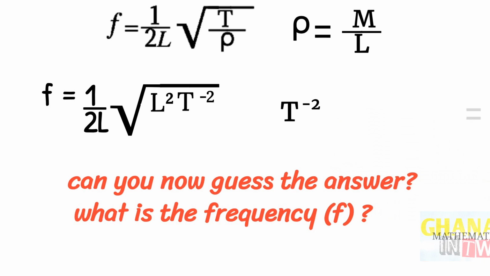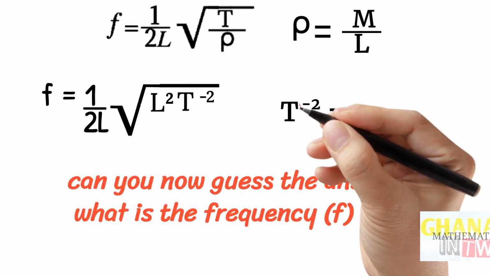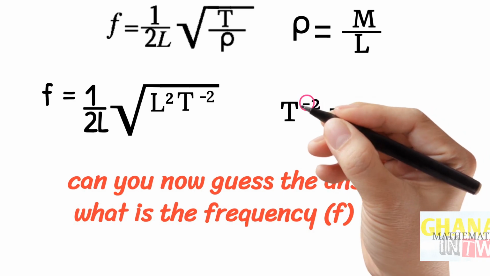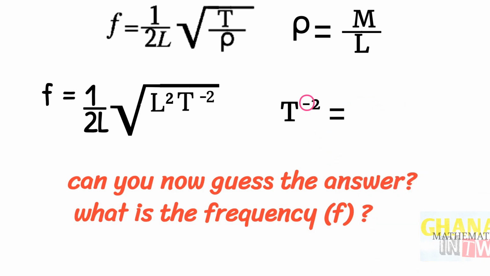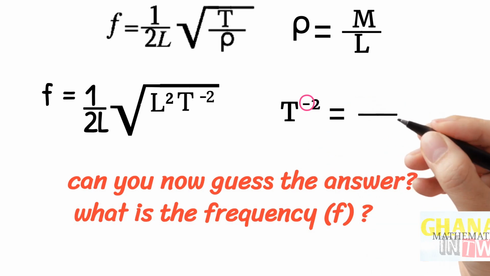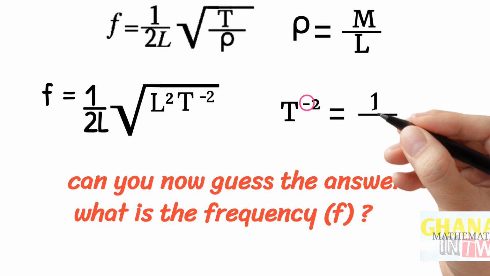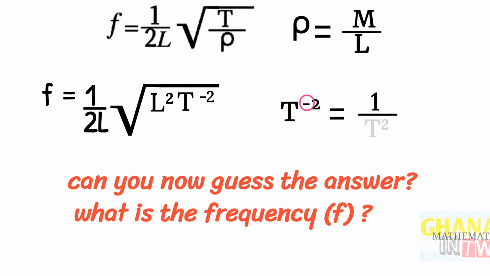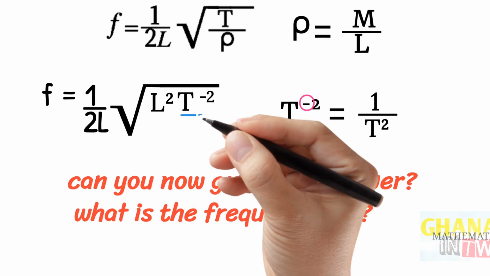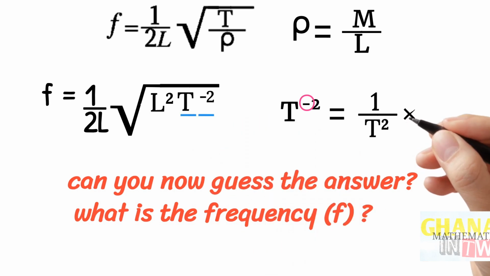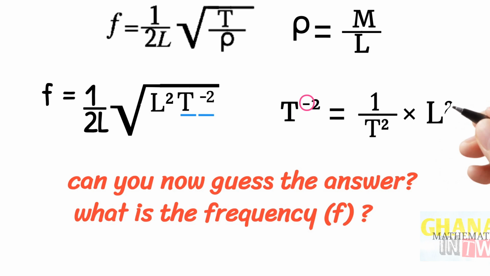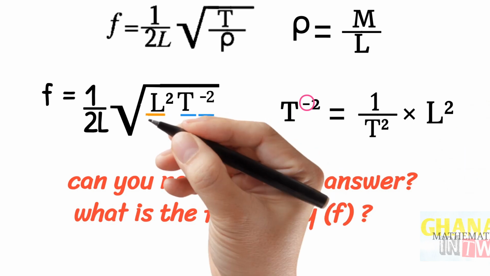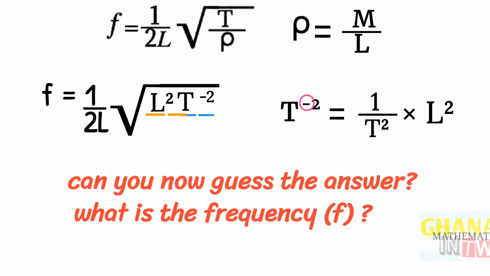Okay, t raised to the power -2. Let's deal with that. Now, the negative exponent will be division. So 1 over t raised to the power 2, multiplying L square.